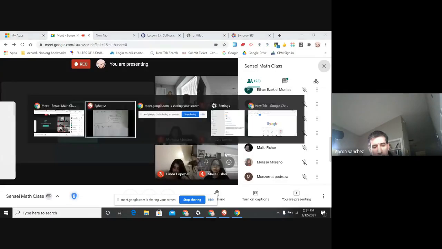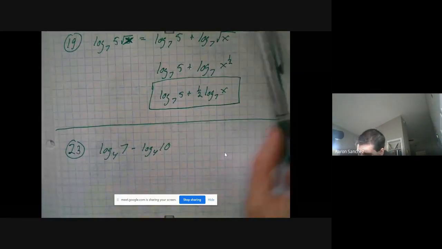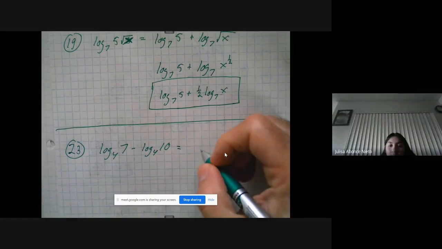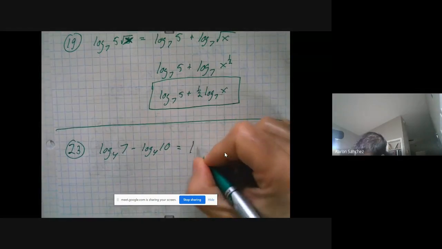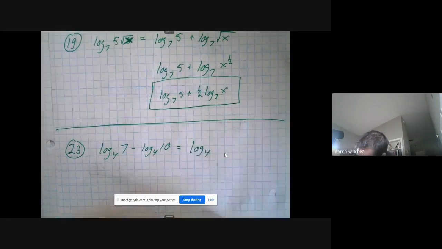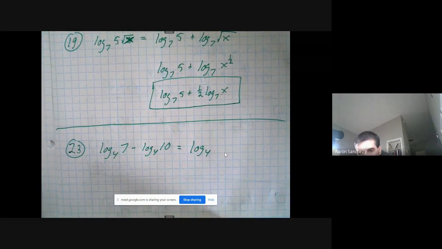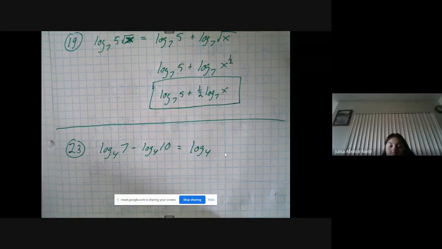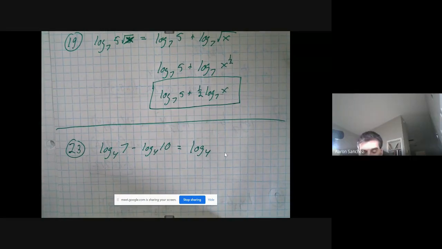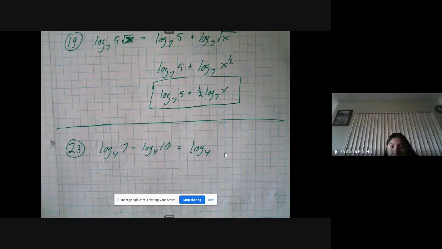Julissa. What rule am I going to use? The quotient rule? Yeah, the quotient. So I just write this as, do you know what the answer would be, Julissa? Log base 4 of what? It's not going to be a whole number. It's going to be a fraction. Does that help? 10/7.